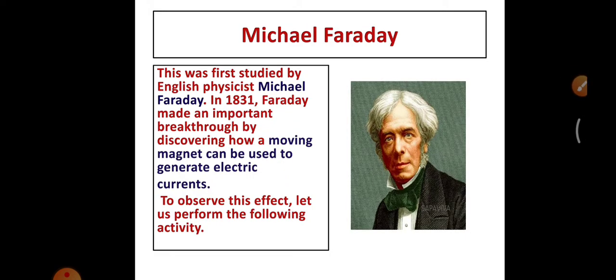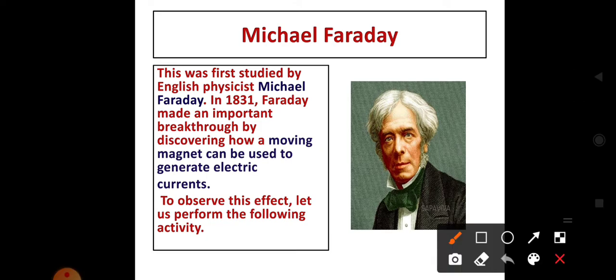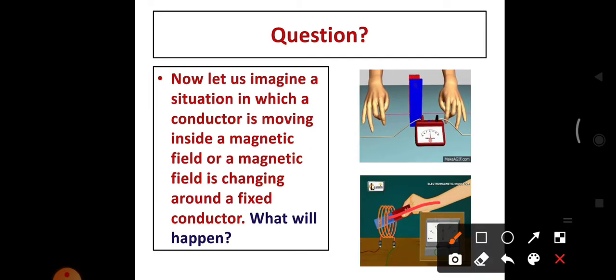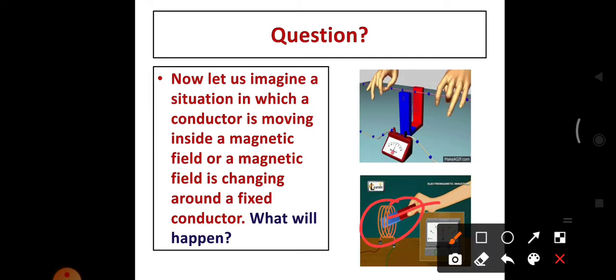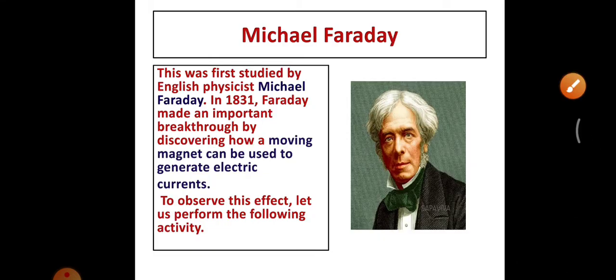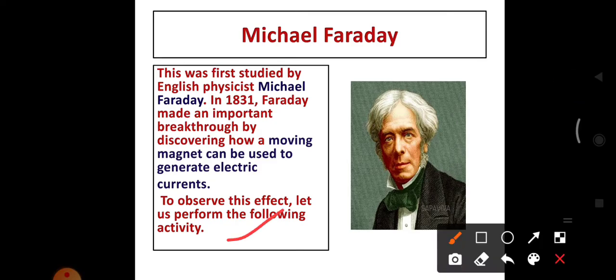In 1831, Faraday made an important breakthrough by discovering how a moving magnet can be used to generate electric current. See, by a moving magnet, we can generate the current. To observe this effect, let us perform the following activity.